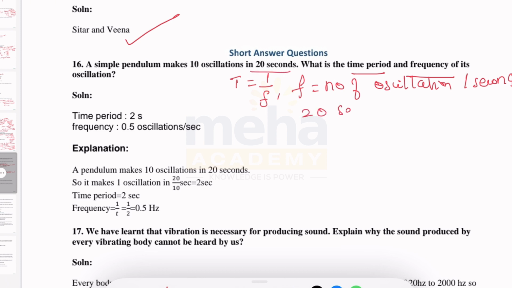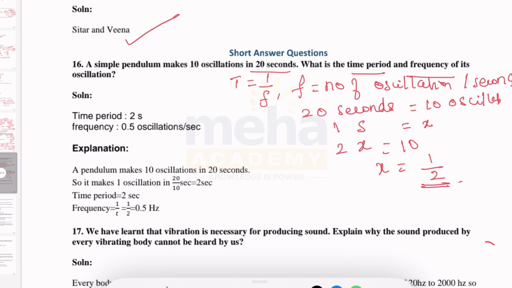So 20 seconds gives you 10 oscillations. For 1 second, that would be x. So 20x is equal to 10, x is equal to 1 over 2. So in 1 second, you have 1/2 an oscillation, or 0.5 oscillations.